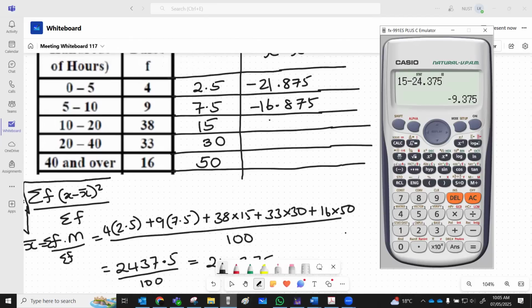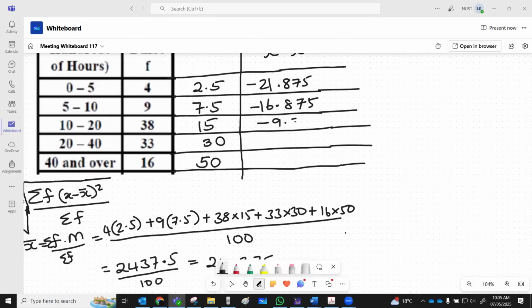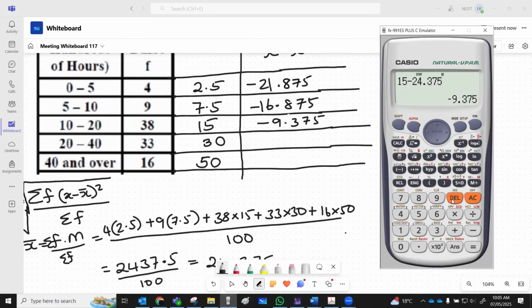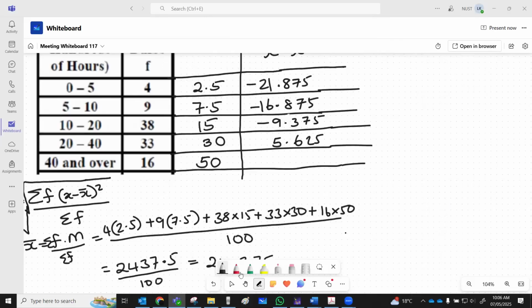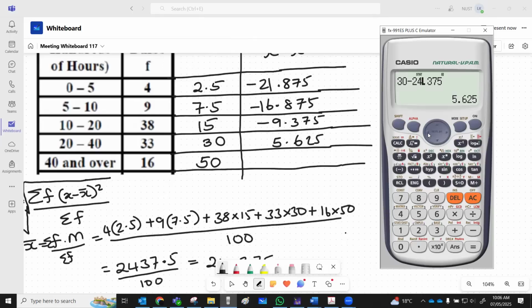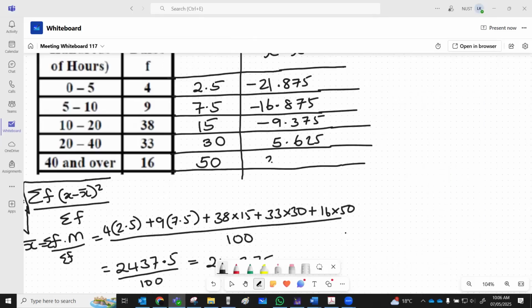We have negative 9.375. And then next we have 30. This is 5.625. And then we have 50. Okay, so just check my calculations, make sure they are correct. So this is what we have. We have just this part over here. Let me highlight it in red. So we've done this part here.